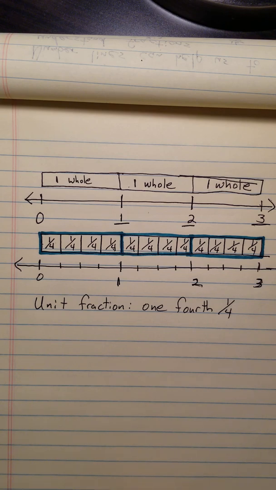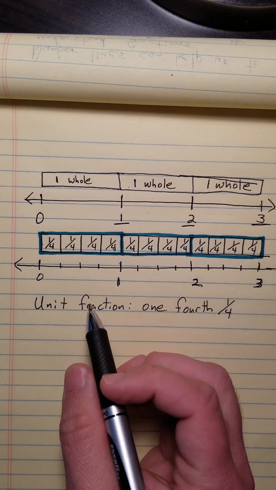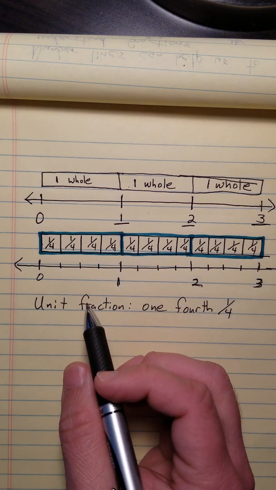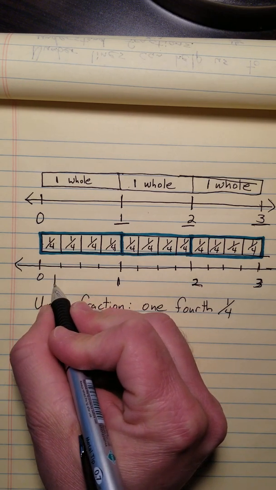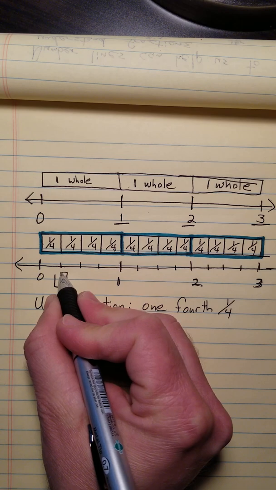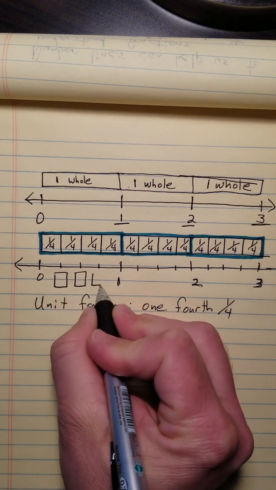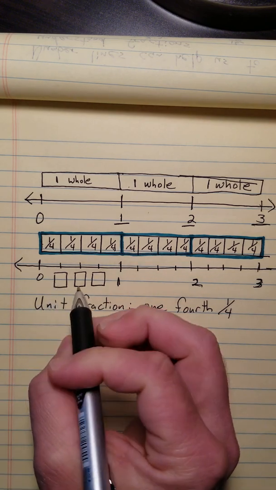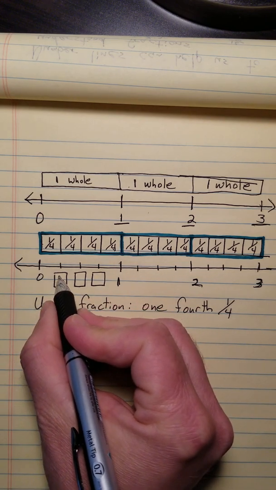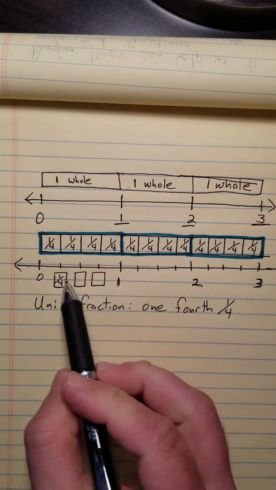Okay? So we can count fractions on a number line just like we can count whole numbers. Okay? So let's fill in right here. So this here, that is 1/4. Okay?